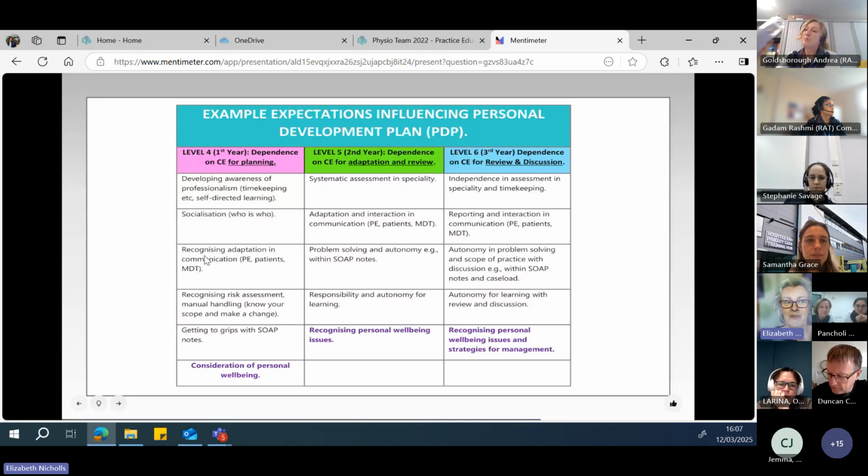Professionalism is a key flag, and how do I put this politely? More and more with students coming to us these days, we're finding that we have to focus and underline this point of professionalism, that yes, there is an expectation that you will turn up on time.